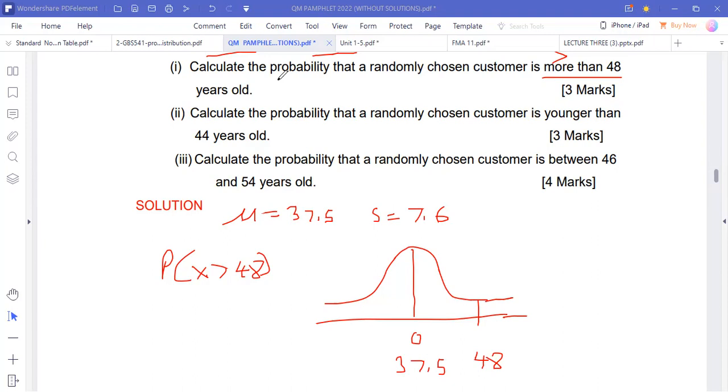Then it will be 48 minus 37.5 over 7.6, which gives us 10.5 divided by 7.6. And the z score is 1.38, positive.